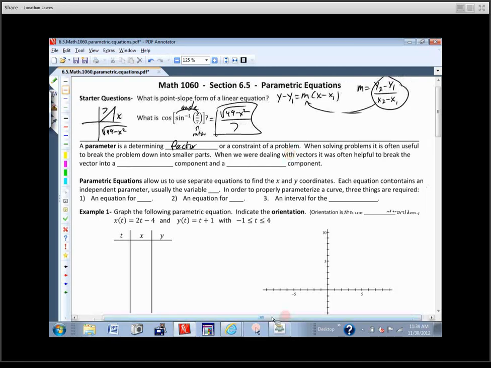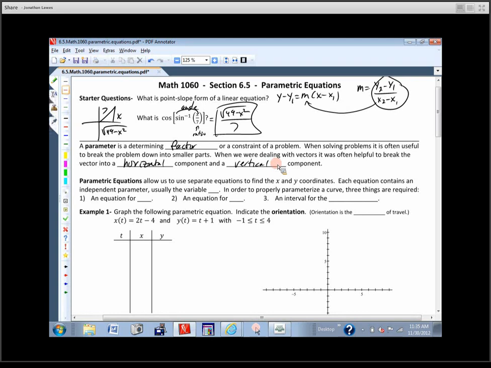When we're solving a problem, it's sometimes useful to break it into little parts: solve this piece, then solve this piece. If we're dealing with vectors, for example, it was helpful to break them into a horizontal component and a vertical component, and you can treat those two things separately.